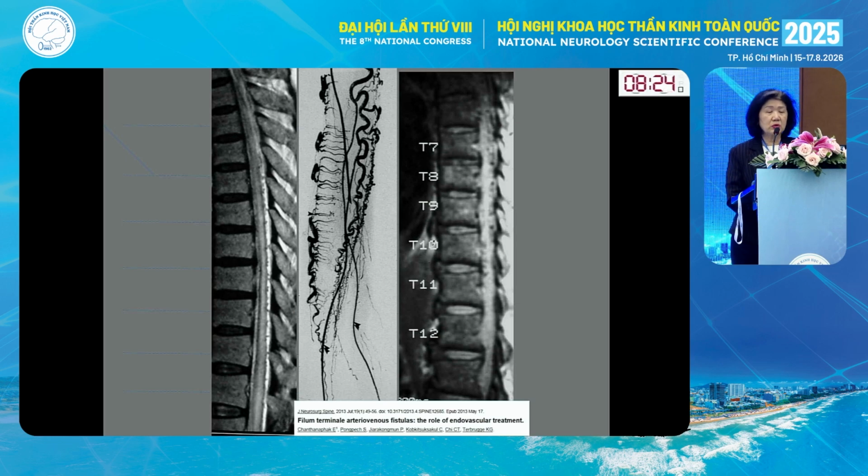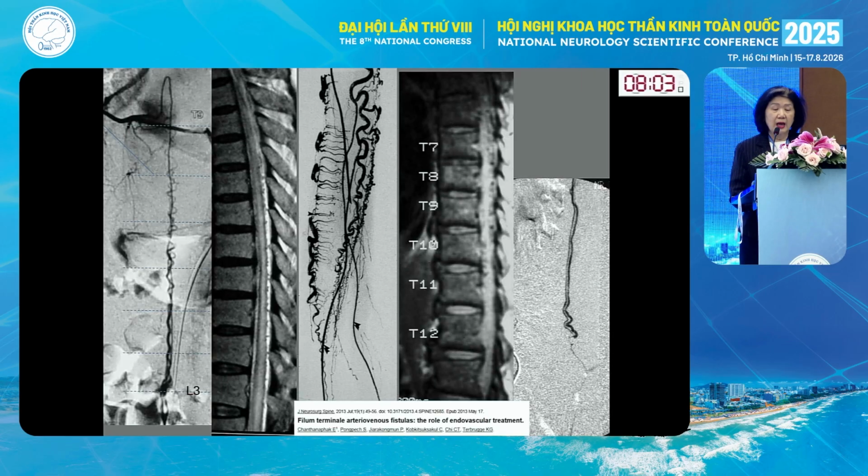We come down to almost the end, which is called the conus medullaris, or in the anatomy we call it the basket. It's the connection between the ventral and dorsal system. So when you have the shunt located at the filum terminale, which is below L2 in the normal anatomy, you can have these images of the artery coming down and becoming bigger vessels, which are the veins.